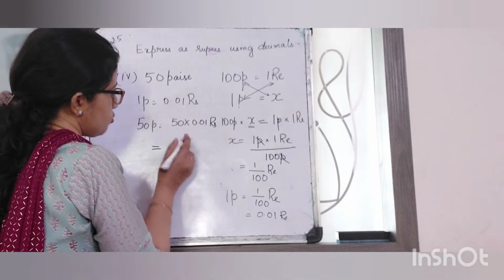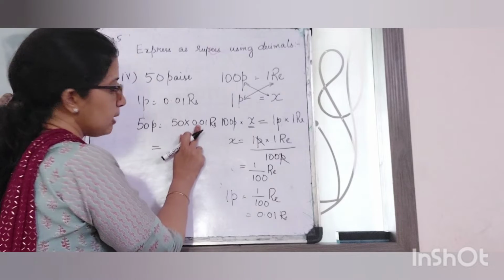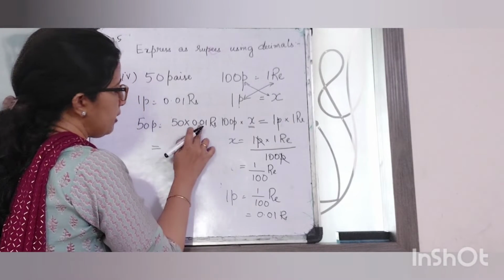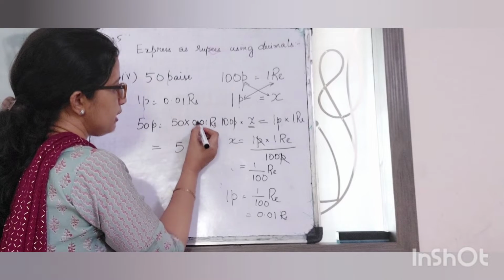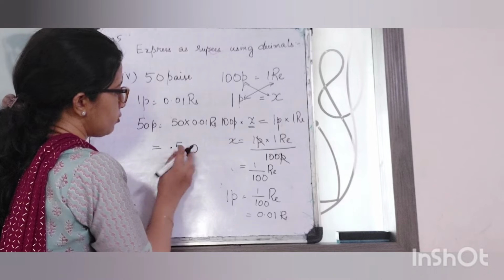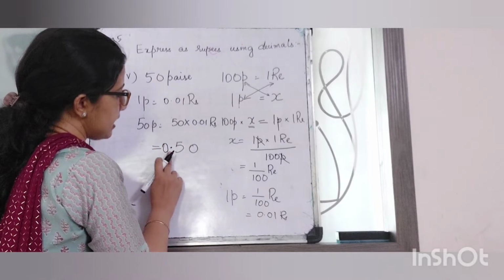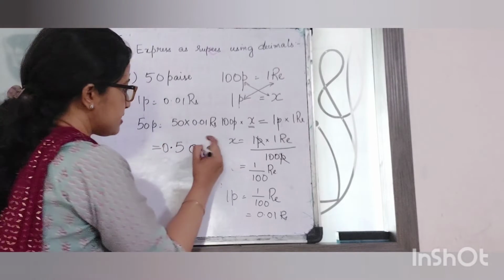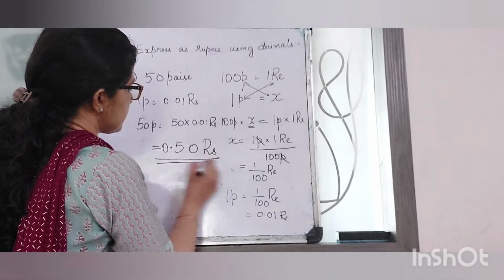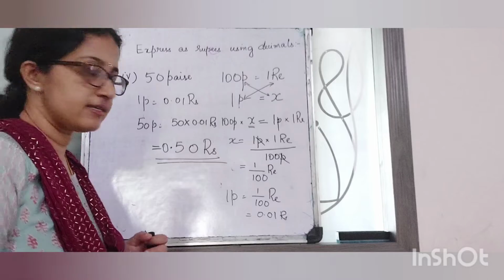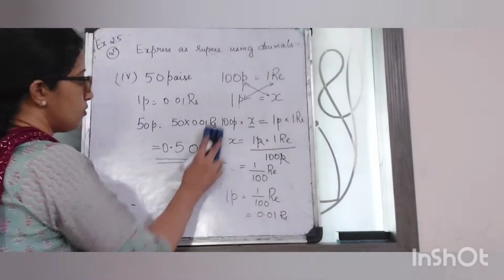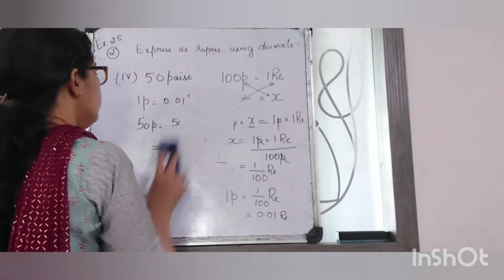If we ignore the decimal point, 50 into 1 is 50. Now how many digits should we leave to the right? 2. So if we leave 2 decimal places to the right, you will get the answer as 0.50 rupees. Okay, 50 paise is equal to 0.50 rupees. Now let's move on to the next problem.